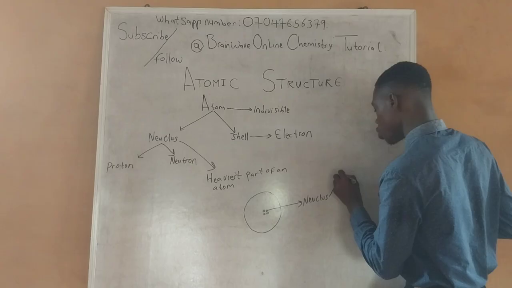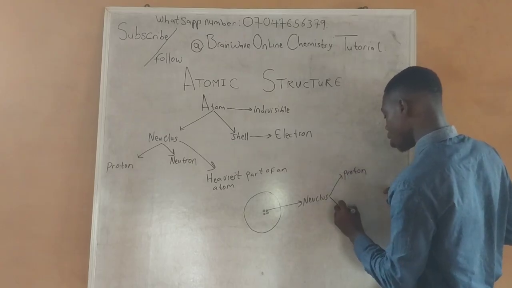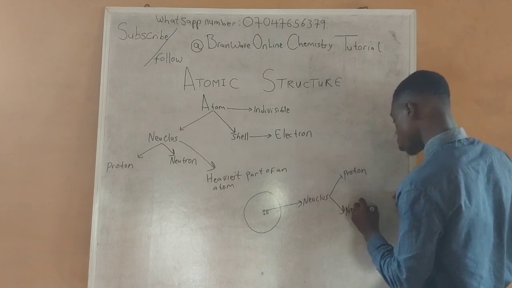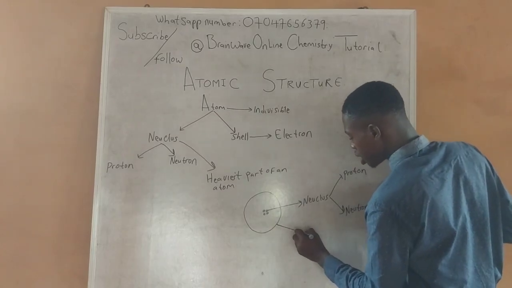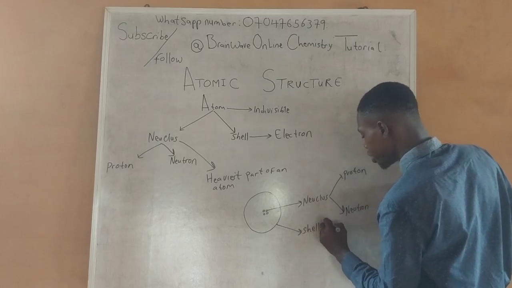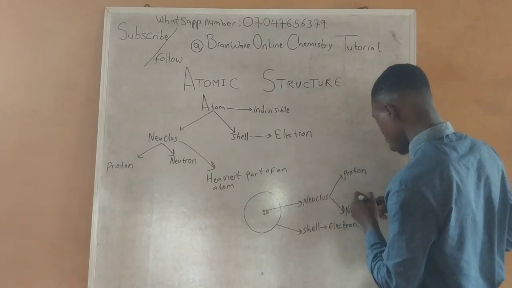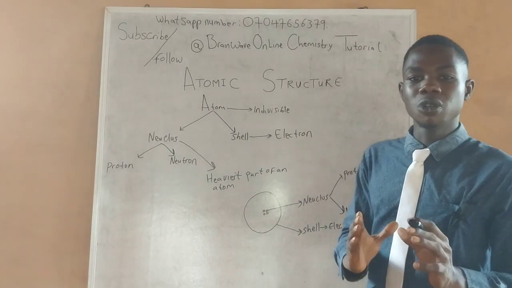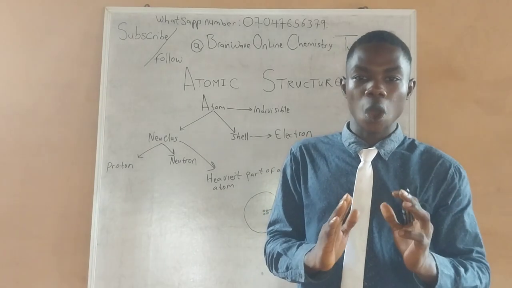Now the nucleus is made up of proton and neutron. And this happens to be the spinning shell, and in the shell we have electrons. From here, we'll now be moving straight to the subatomic particles.